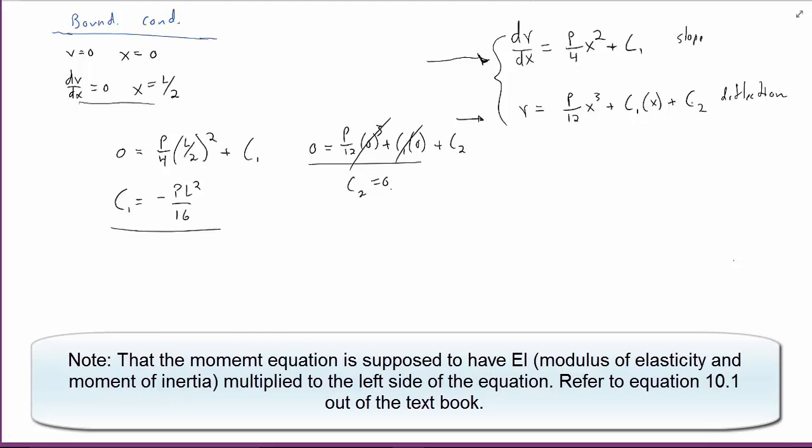So our deflection then, we can say E sub I, or EI, our modulus of elasticity, moment of inertia, multiplied to deflection, is going to equal P over 12 x cubed minus, because I'm using our deflection equation here, minus PL squared over 16 multiplied to x. Now this is technically the right answer, but in our textbook, what they want you to do is do some algebraic manipulation.